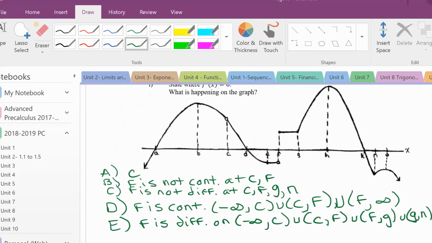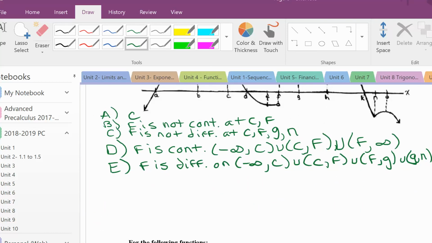And last but not least, for part F, are D and E equivalent? And the answer is no.